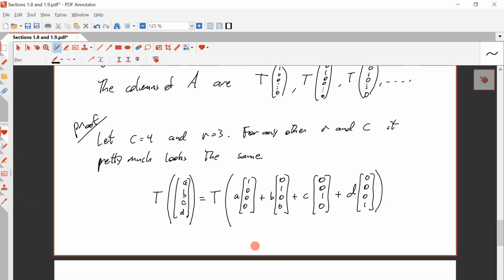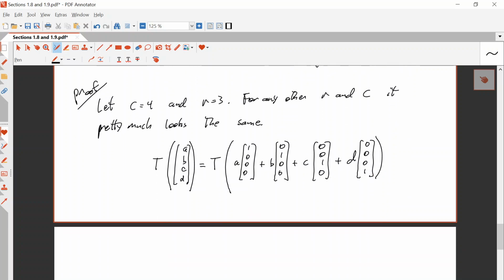This vector is just this linear combination. And because T is a linear transformation, the linear combination in the domain can be considered as a linear combination in the range, right?